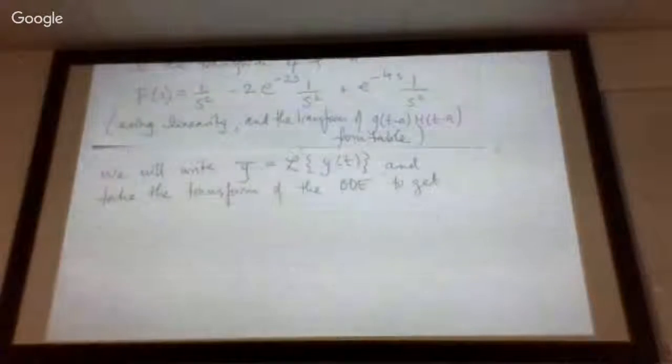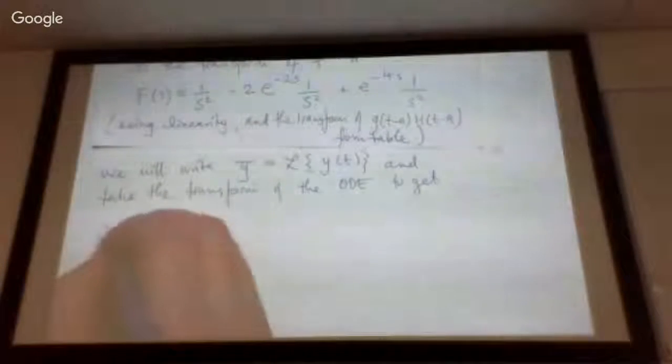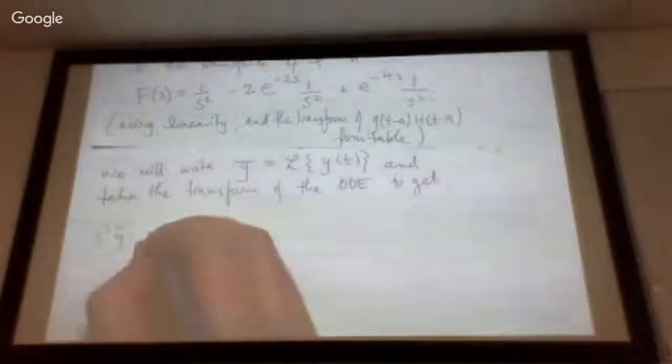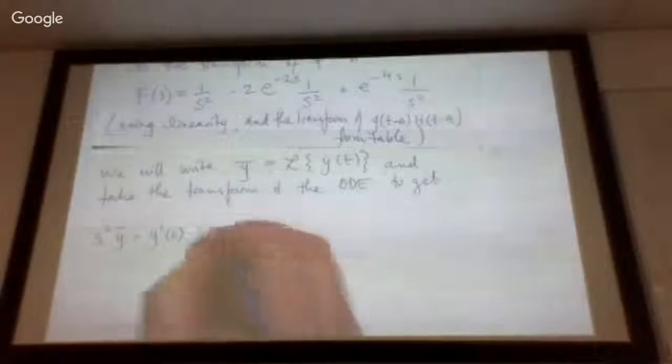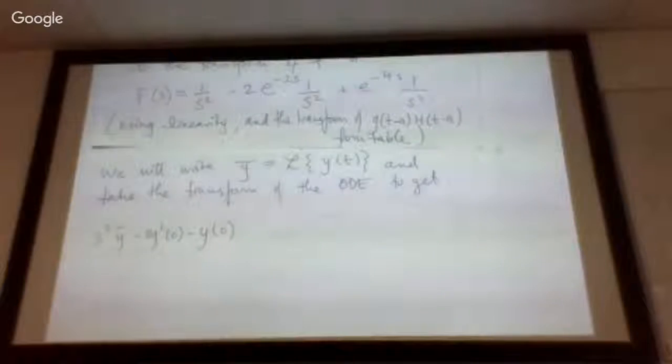And what will we get here? Well, you have to look at the ODE. So the ODE is y double prime, second derivative of y, plus 9 times y equals 27 times the function f of t. So transforming the second derivative of y, we get s squared times y bar minus s times y at 0 minus the first derivative at 0.